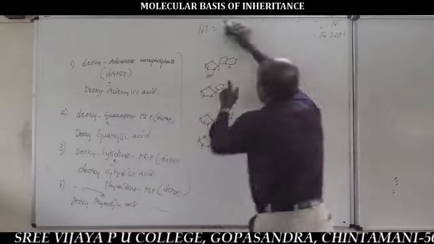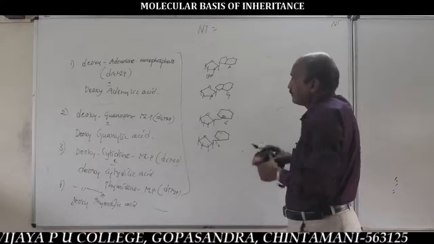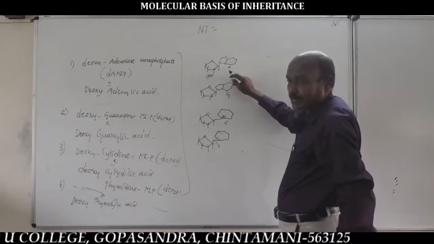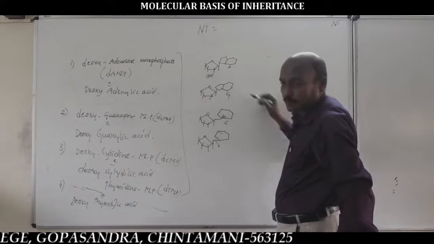Now, this is one type of nucleoside, a combination of pentose sugar and adenine nitrogen base through a glycosidic bond.